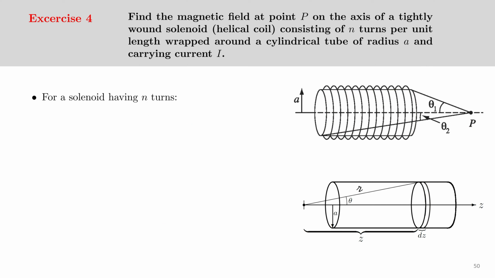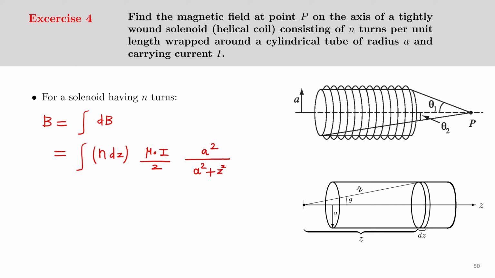And for a solenoid having n turns, the magnetic field will be the integral of dB. And this is equal to integral n dz multiplied by mu 0 I over 2, then a square divided by a square plus z square raised to 3 by 2.